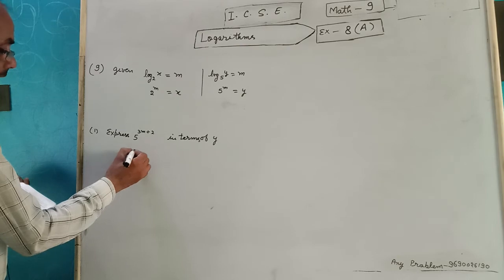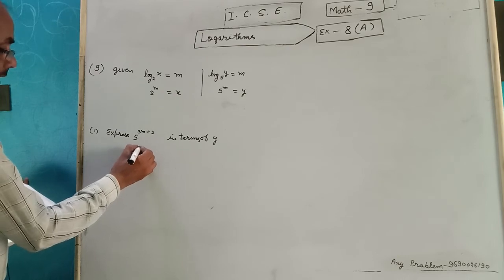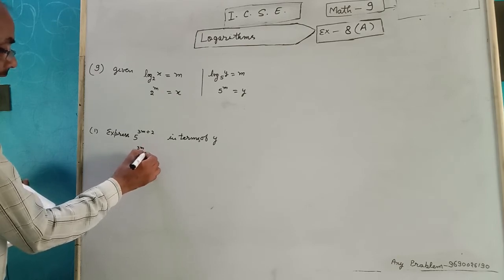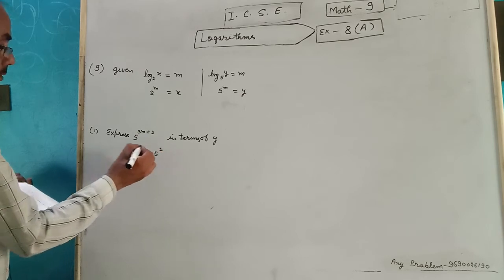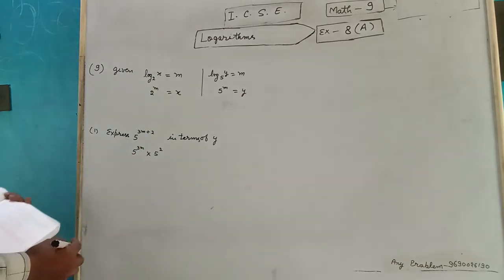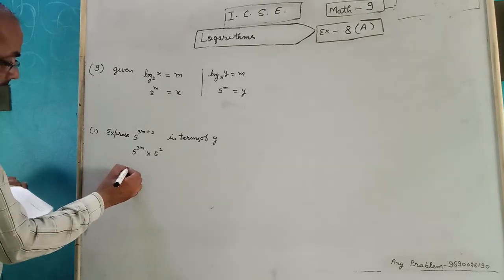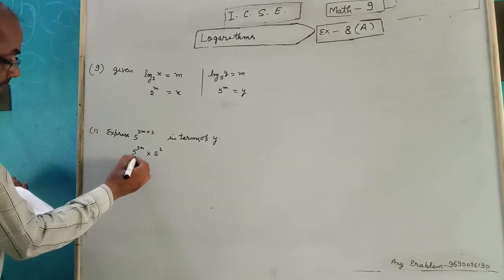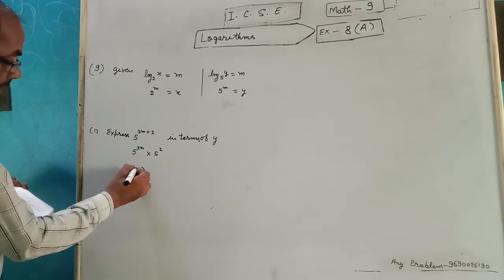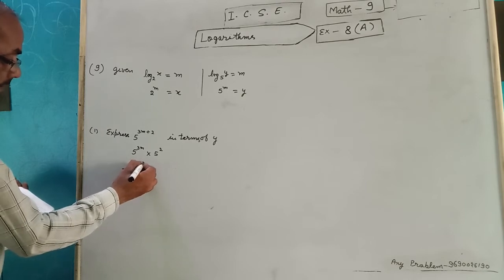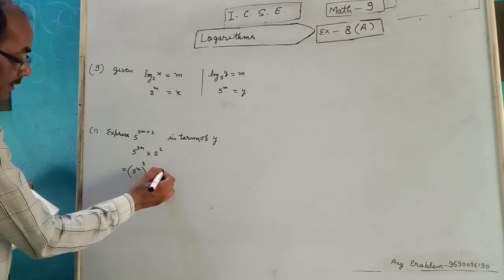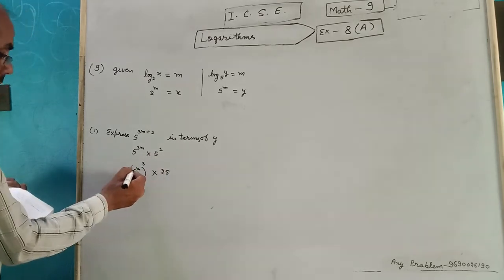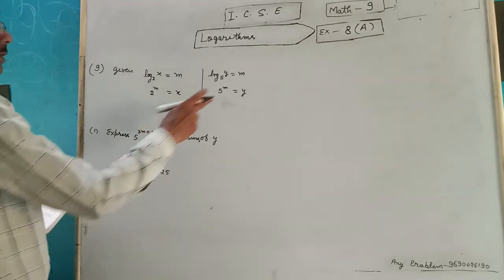So you write 5 as power 3m into 5 as power 2. 5 as power m, 3 is whole, and 5 square is 25. 5 as power m value is y.